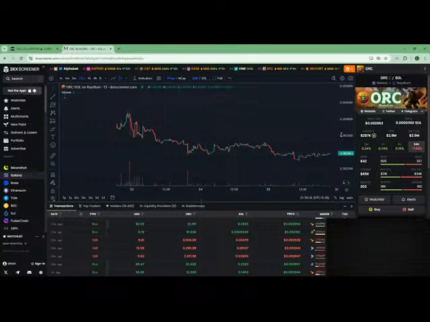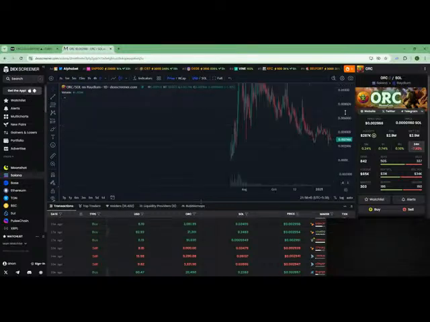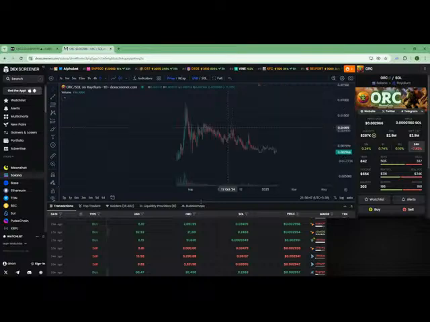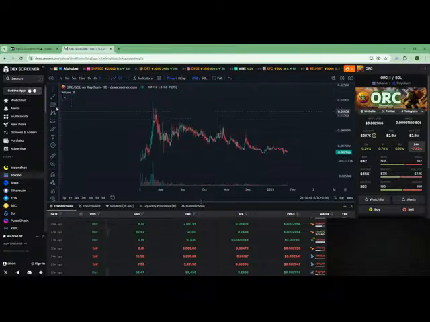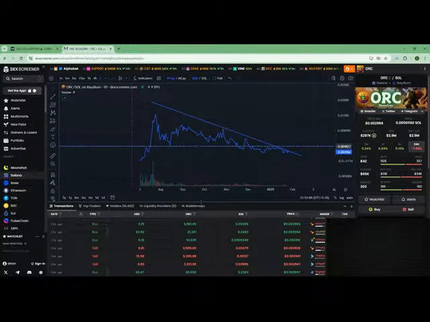If you go for 4 hour and daily, this is a big correction, guys. If you are investing in a correction, it's a good indication that it will go up. You can see this trend line, and you can see the support that's dictating in this market.